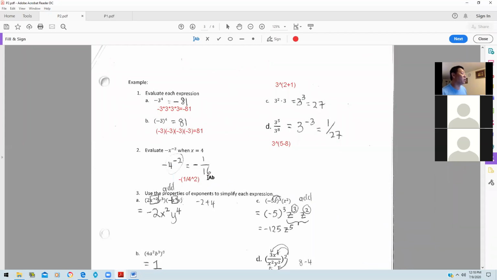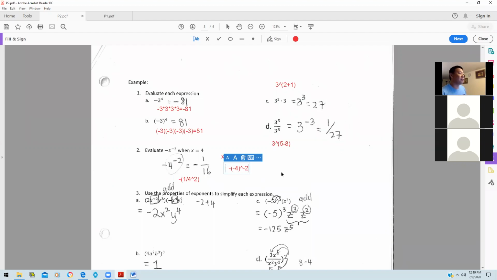So it's actually 1 over 16 with a negative sign on it. If the number you evaluate with is positive, like 4 here, you don't need a parenthesis. But what happens when you evaluate with -4, a negative number? Then you need to put a parenthesis on it.